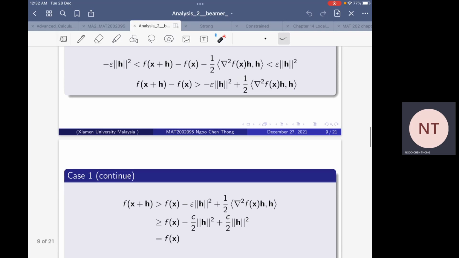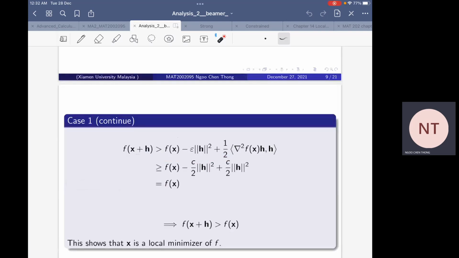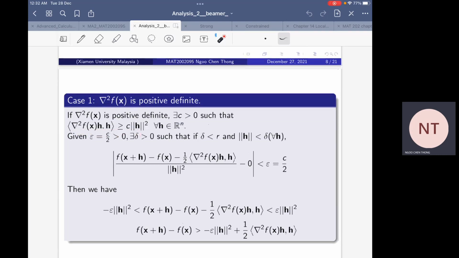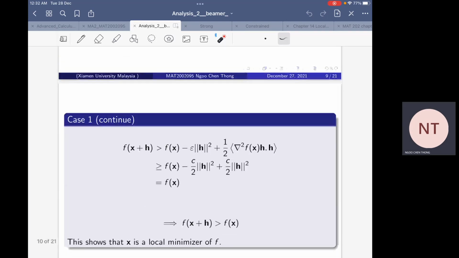We said that epsilon is equal to C over 2, and this inner product is larger than or equal to C times the norm of h squared. Now we have f(x) minus this plus this, which is equal to 0. So we have f(x+h) larger than f(x). We can see from here that x is the local minimizer inside the ball.